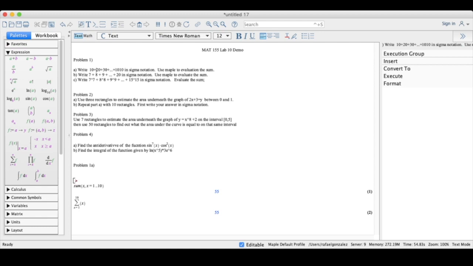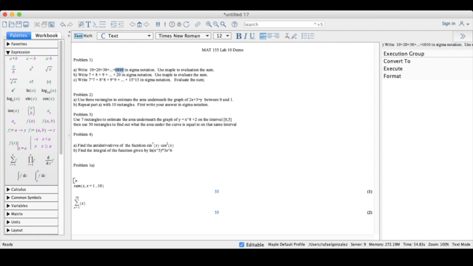If I multiply 2 times 10, I get 20. If I multiply 3 times 10, I get 30. So I notice that I'm ending at 1010, and that the pattern seems to be that I'm increasing by tens. So these all look like they are multiples of 10.